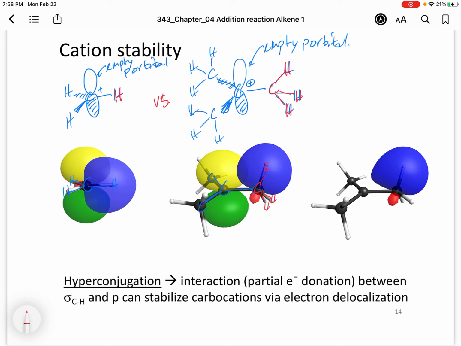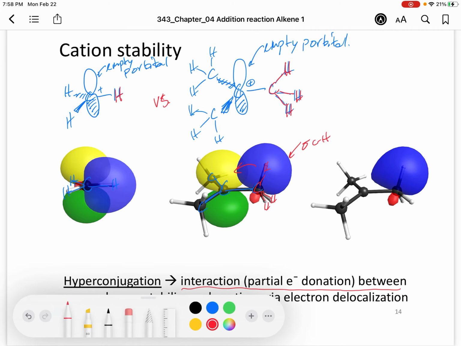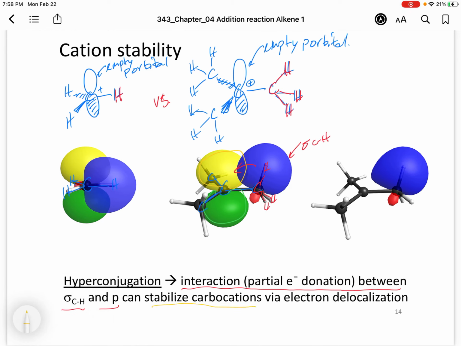Remember, hyperconjugation involves a CH bond donating electron density into an adjacent orbital, and in this case, this is stabilizing the carbocation. The partial electron donation between the sigma CH, which is this guy right here, and the p orbital, which is this large green and yellow orbital here, can stabilize carbocations via electron delocalization. This isn't the first time we've talked about hyperconjugation, and it'll keep coming up. It really explains these phenomena.